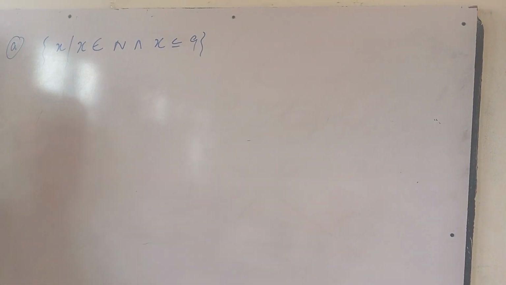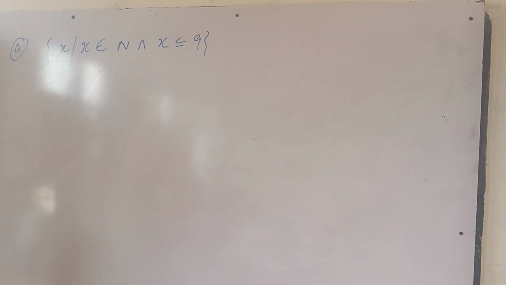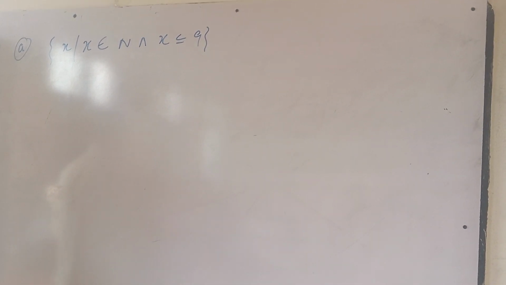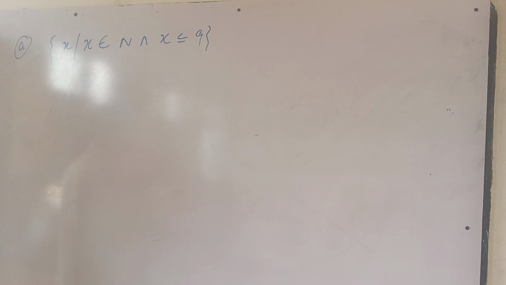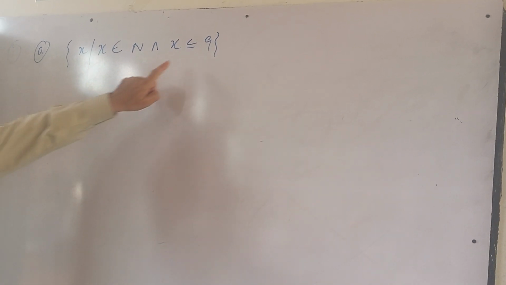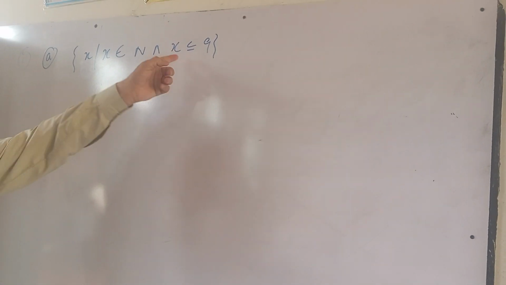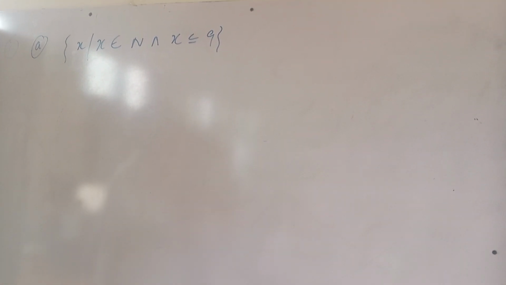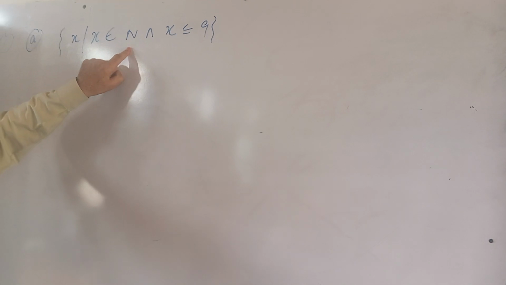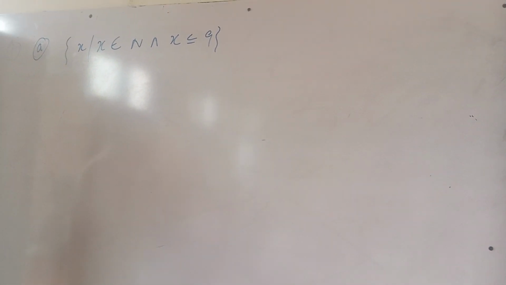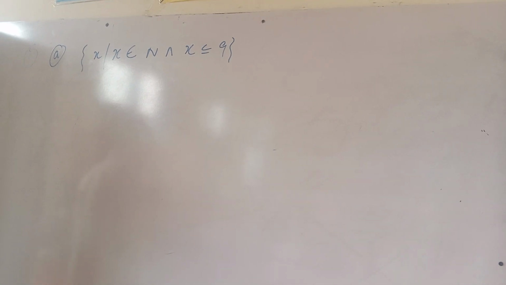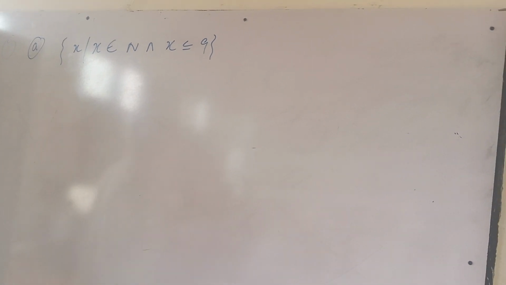So it means that x is a set of natural numbers which are equal to or smaller than 9, because here the symbol shows that x contains 9 and less than 9. So we have to write the set of natural numbers which is equal to or smaller than 9.